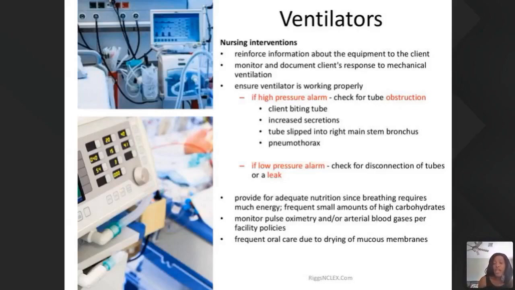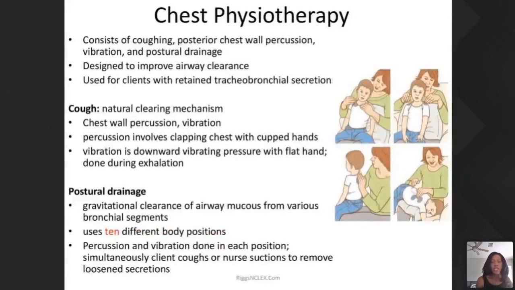So you may need to find where that leak is for your ventilators, okay? There aren't too many questions on setting up the settings and everything for a ventilator, because that's up to the physician and it's based on the client's needs, okay? So your alarms are your questions with your ventilators.